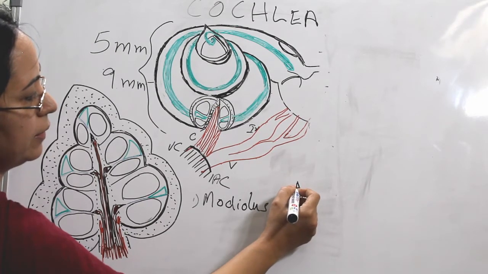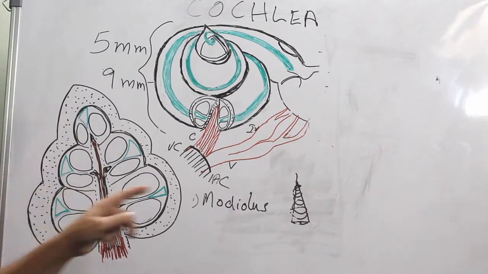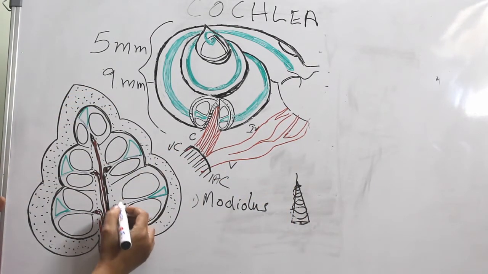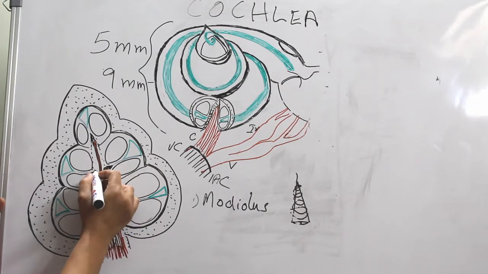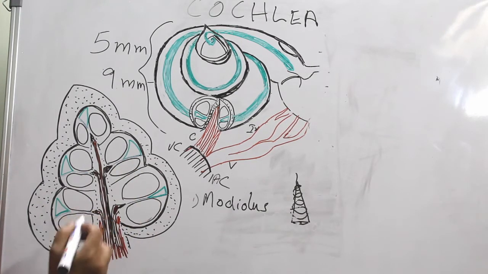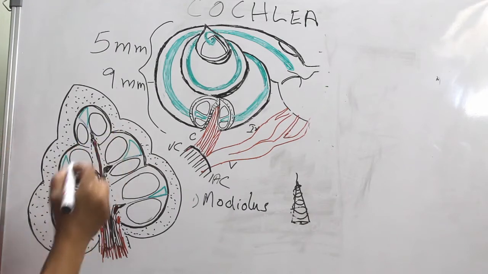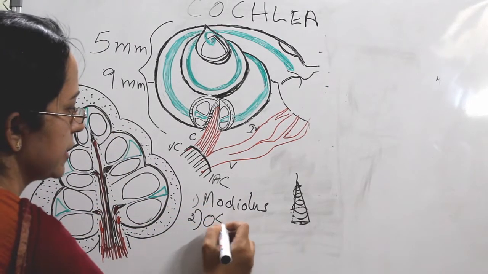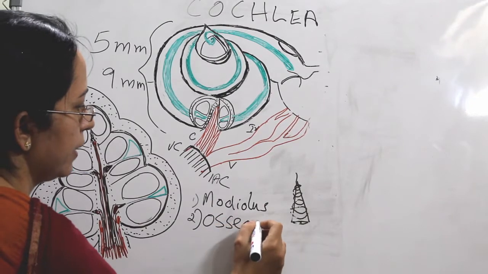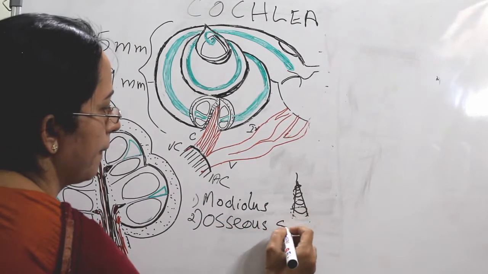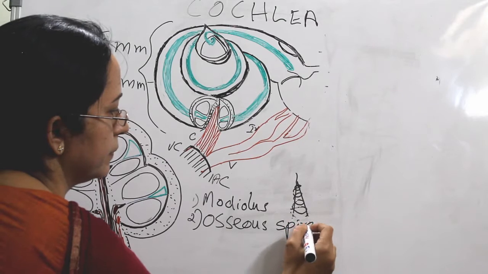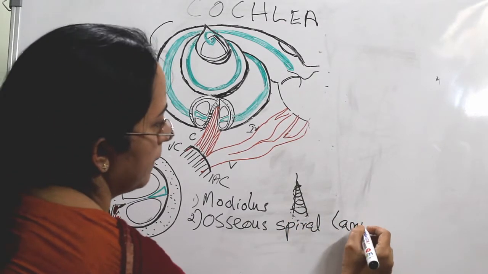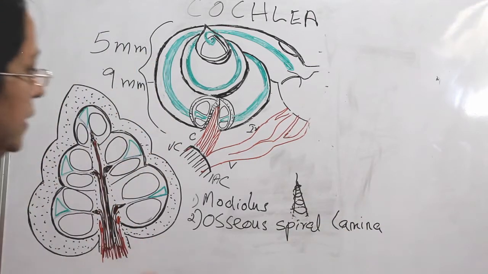There are spiral laminae, right? So in cross section, the spiral laminae will come here. This is one spiral lamina, spiral lamina, spiral lamina, and above also. Okay. So the second one is the osseous spiral lamina. Right?